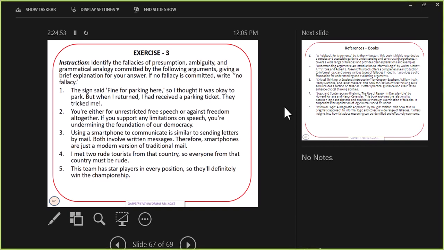Because we ask whether the conclusion is a class statement or a general statement. It's a general statement: everyone from that country must be rude. It does not make a claim about each and every member, but about the characteristic feature of the general population of that particular country, right?